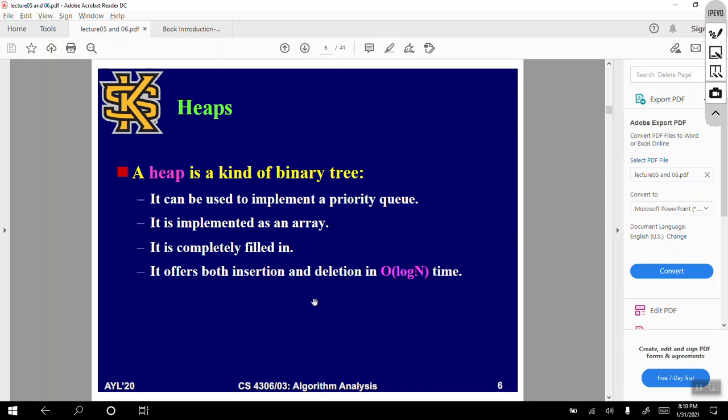First of all, a heap is a kind of binary tree. It can be used to implement a priority queue, which we will discuss later, but it is implemented as an array. It is completely filled in, and it offers both insertion and deletion in big O log n time, where n is the number of elements.